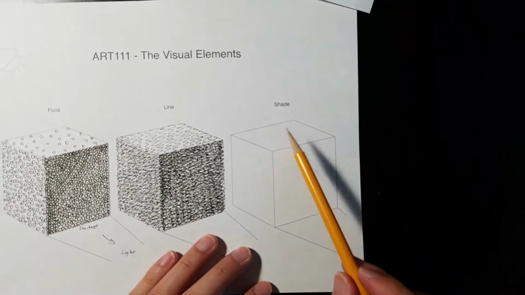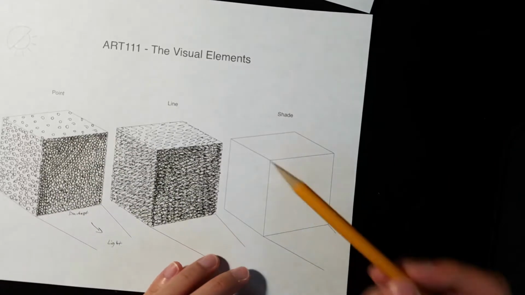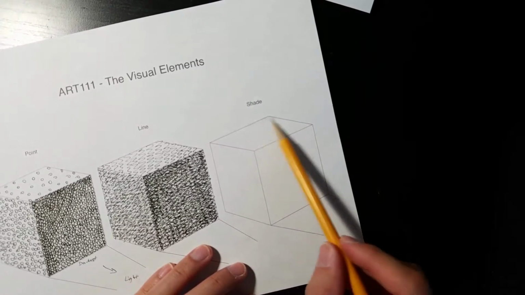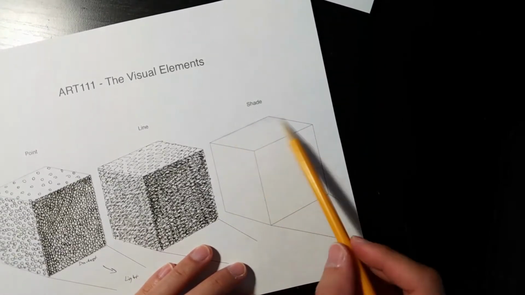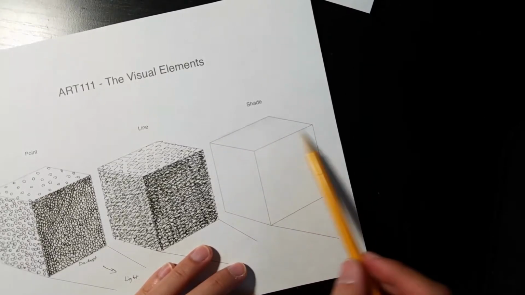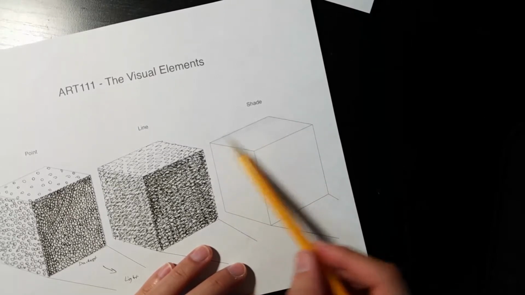I'm gonna start with the lighter one this time because I don't want to start with the darkest one and then start smudging everywhere. So for the lightest, I'm gonna start with really just a bare amount of pressure on the pencil.